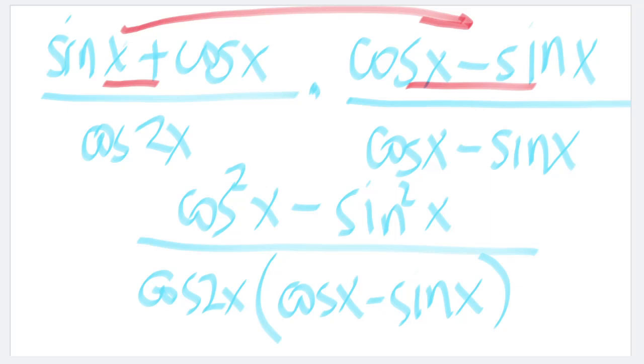Okay. Now, what is the trigonometric identity of cosine 2x? Recall that cosine 2x is just equal to what? Cosine squared x minus sin squared x.